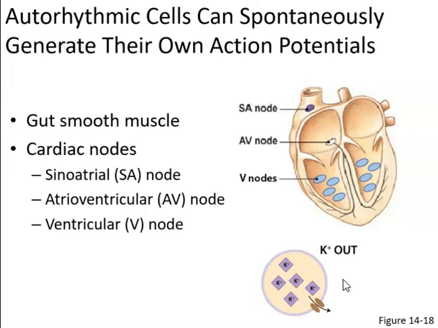Basically, action potentials begin with the resting membrane potential, then we have depolarization, usually occurring due to an influx of sodium. And then after depolarization, we have initial repolarization. So sodium channels begin to close, and then the cell begins to repolarize as potassium will leave through open potassium channels. But we'll get into that in just a little bit.